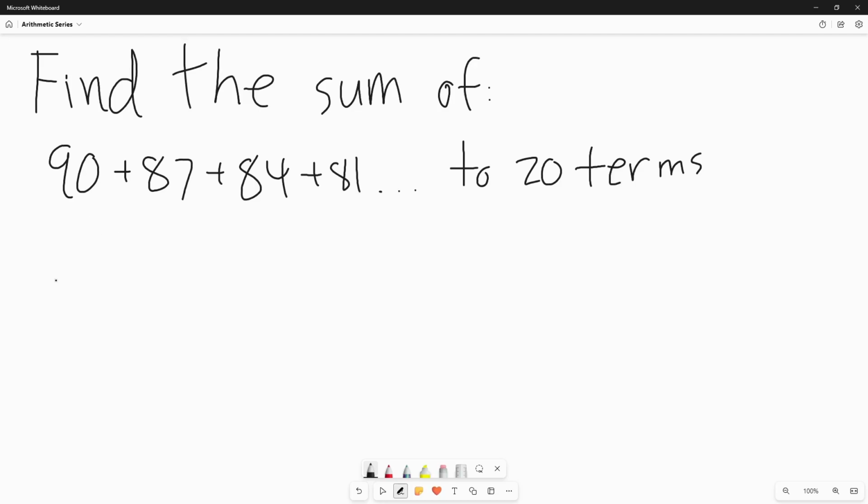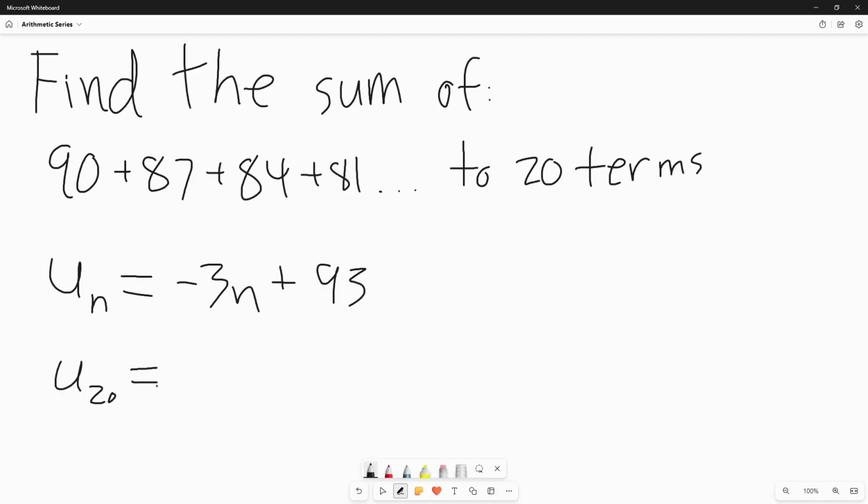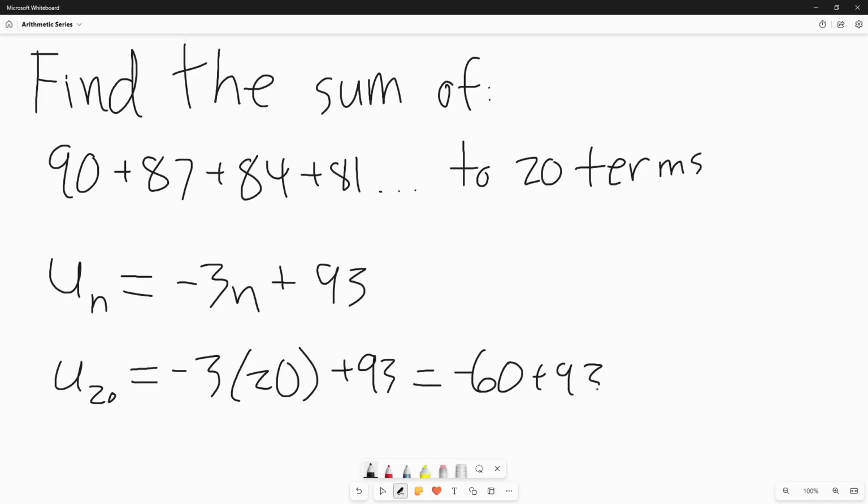So we can use the general term formula, so un is equal to the difference, which is negative 3, n, plus 93. To 20 terms, so that means u20 is equal to negative 3 times 20 plus 93, and this is equal to negative 60 plus 93, and that is equal to 33.